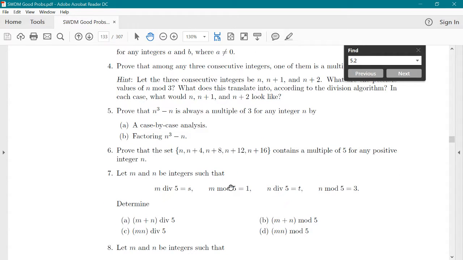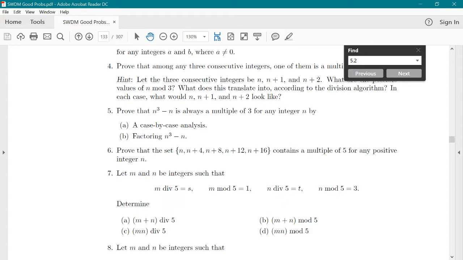5.2, number 6. This one? Okay. So we talked a little bit about this the other day without giving it away. So let's finish this. So here's a set of 5 integers.